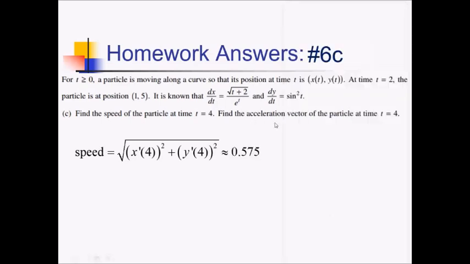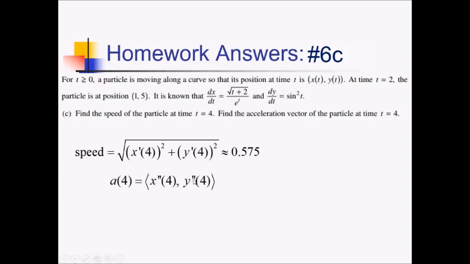Next, I need the acceleration vector at time 4. So basically, I need x double prime of 4 and y double prime of 4, whatever that comes out to. We're going to calculate that on the calculator. Now, here's the good news. Since I'm only calculating the derivative of x and y prime at a specific point, namely 4, I don't actually need to tell you what x double prime looks like algebraically, or y double prime.